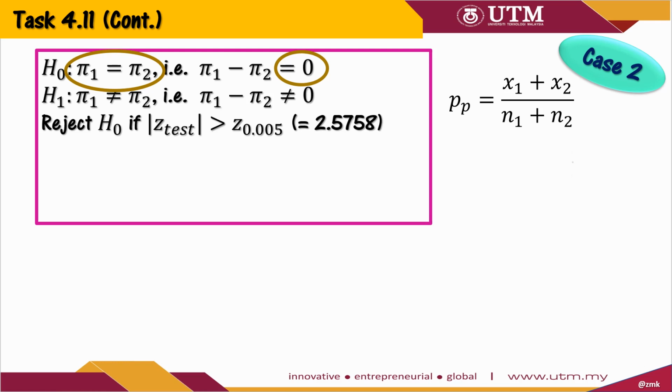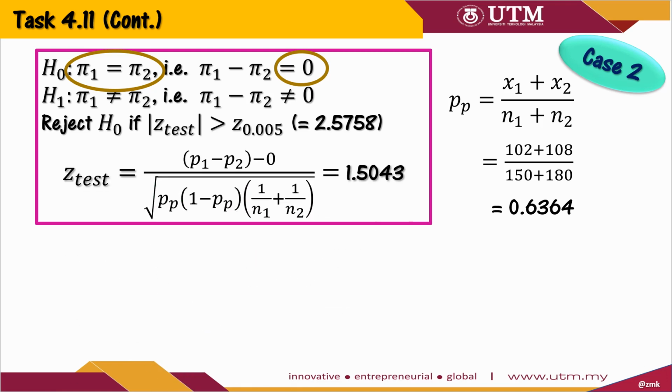Substituting this formula with the corresponding values, we have a pooled proportion to be 0.6364. Now, we can calculate the z-test statistic by using this formula.